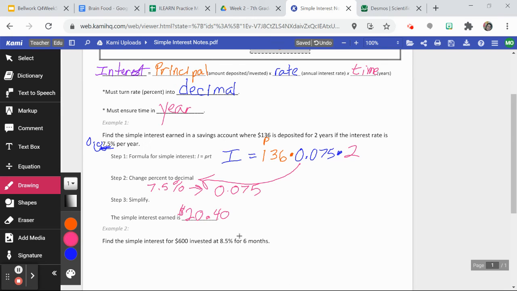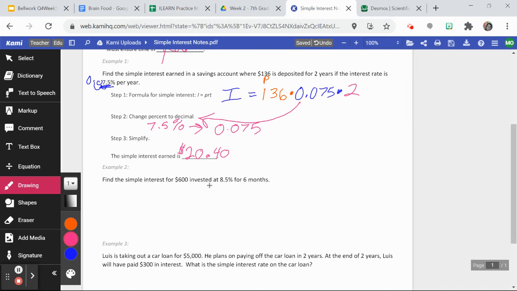All right, find the simple interest of $600 invested at 8.5% for 6 months. So we need to find our interest. We're going to do our principal of $600. Turn this into our decimal of 0.085. And then this is for 6 months.